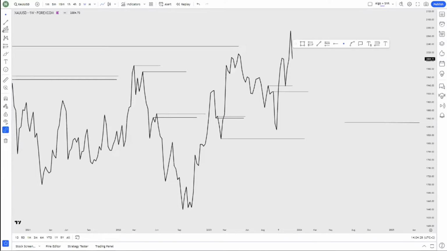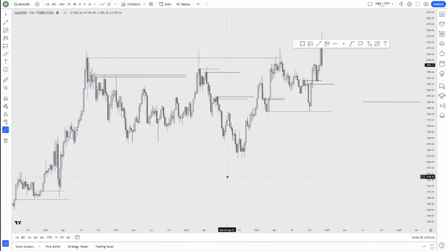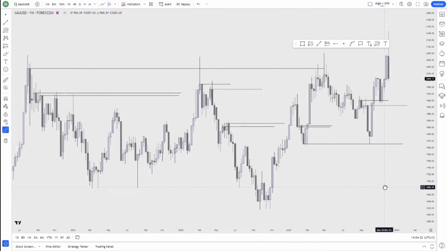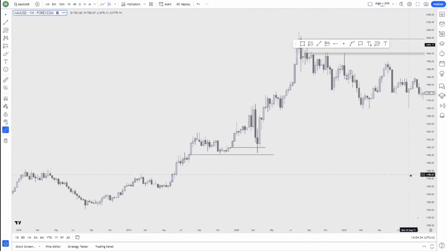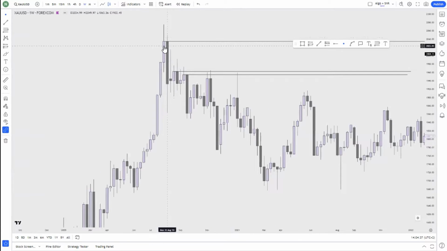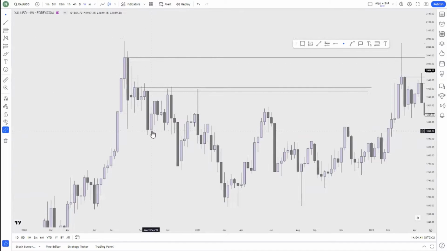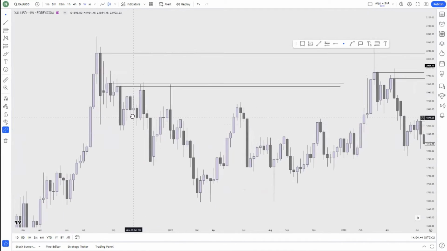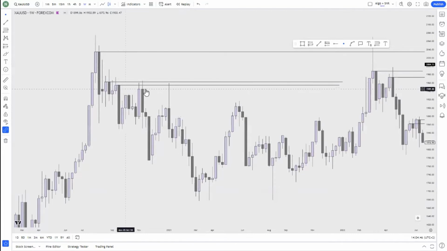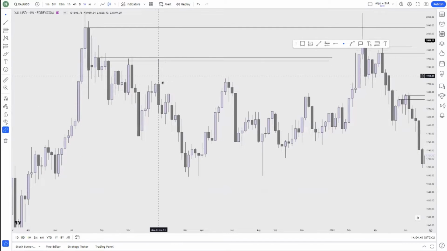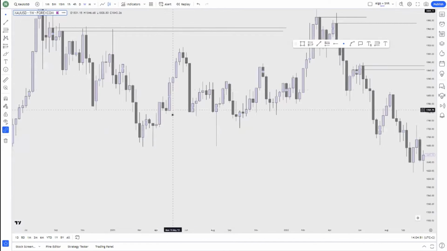Now, how do they look in the candlestick chart? As you can see, we have a bullish candlestick, then a bearish candlestick. This creates an A right here, which is the resistance. The same thing applies everywhere.